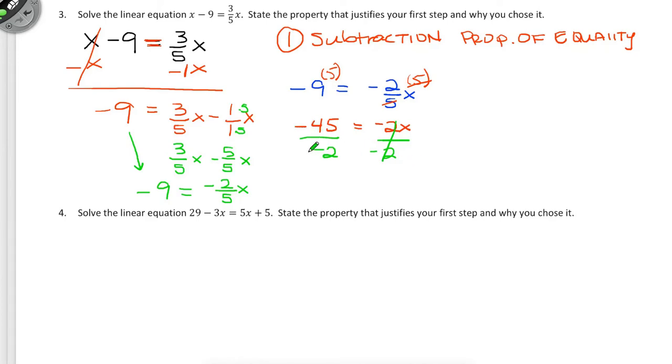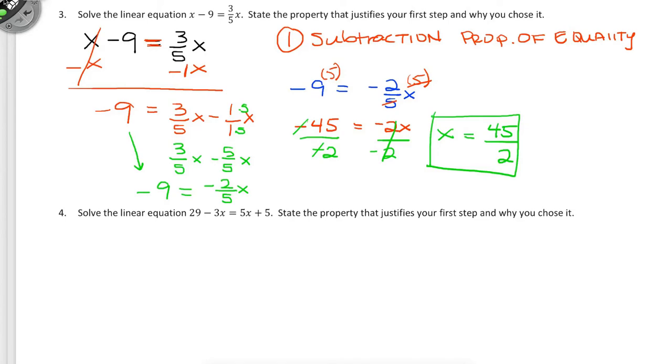But what I can do is negative and a negative become a positive. And since I can't reduce that, and if I divide it, it's going to come out to a decimal, then that's my answer. It's going to be 45 over 2, however, because my negatives here cancel out. A negative on the top, a negative on the bottom, it's gone. So this would be my answer here. If you can reduce this, go ahead. But in this case, you couldn't.